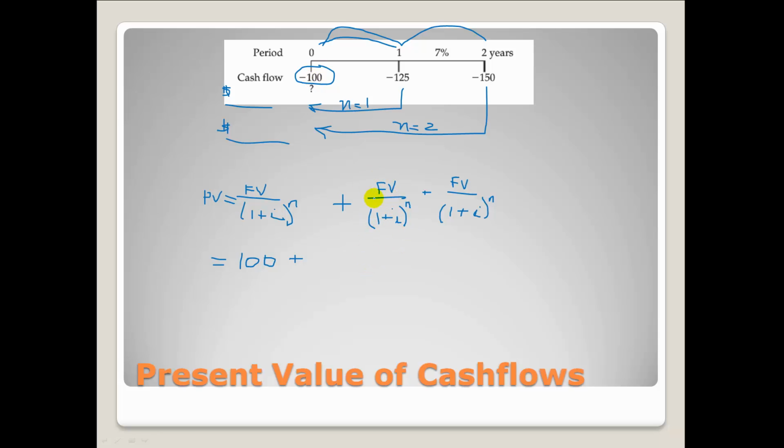And then we're looking for the present value of the second payment of 125, and that's going to give you something around 116.82. I did carry out my numbers to 6 decimal places, but I'd recommend that you go at least 4.